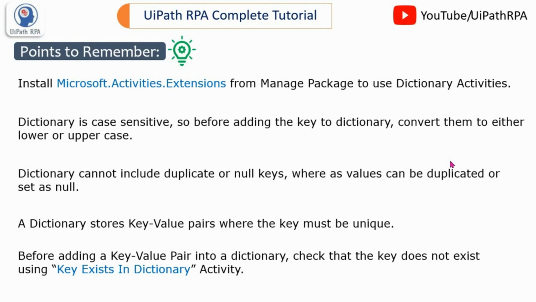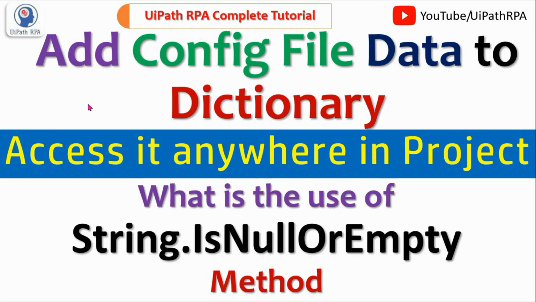So as I already told you previously, before adding the keys to the dictionary, use the Key Exists in Dictionary activity to check whether the key exists in the dictionary or not, and then add that. If it already exists, then it will not be added. Otherwise, if you directly add that, and that key is already available in the dictionary, then you will get the runtime exception.